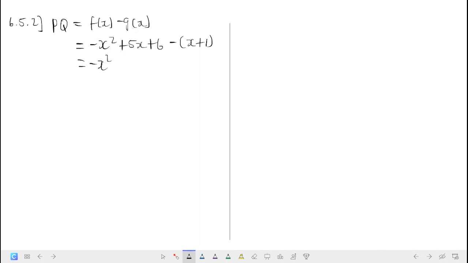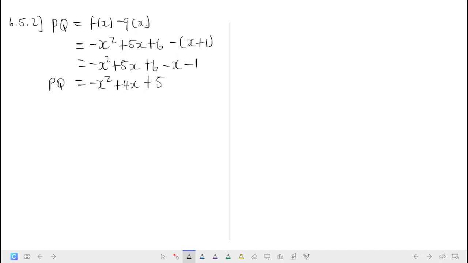Now let's simplify this. We get minus x squared plus 5x plus 6 minus x minus 1. Now this gives us minus x squared plus 4x plus 5. All right. Now, the length of PQ is found by having minus x squared plus 4x plus 5. Now, this is a quadratic expression, right?